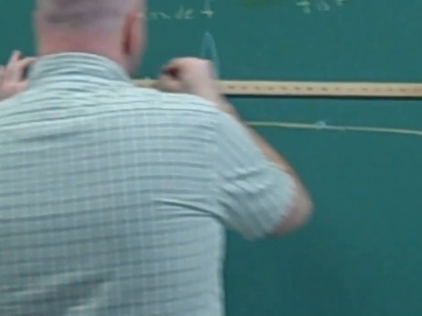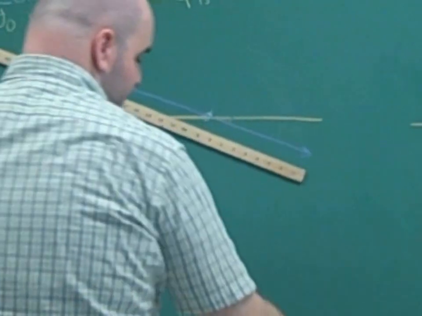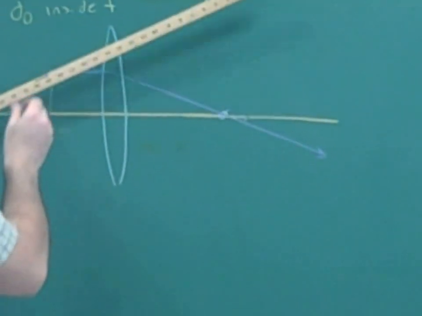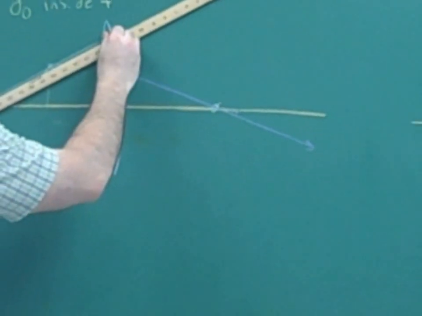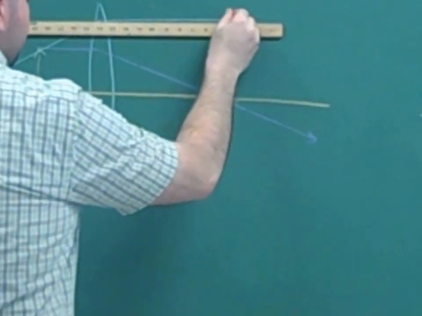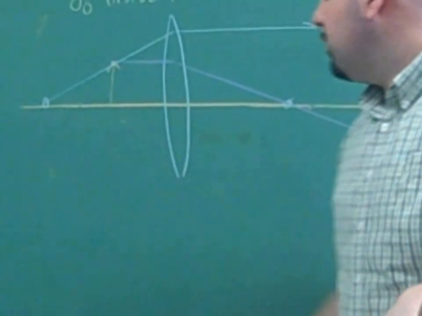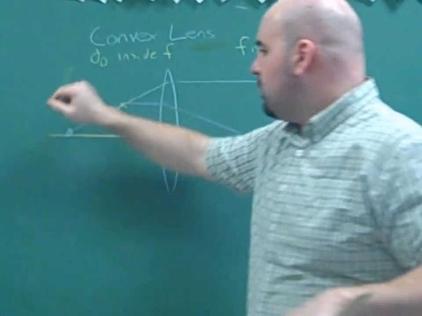Ray number 1, through the middle, focal point down. Next one, just like with the mirror, we're going to line up the focal point and the tip. So it hits the lens and then it's going to go straight. Your eyes are again over here: for a mirror, your eyes are on this side, but you look through a lens. You see these two beams as coming from somewhere over here.